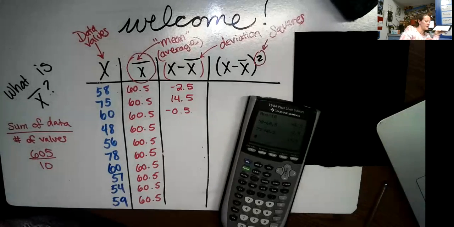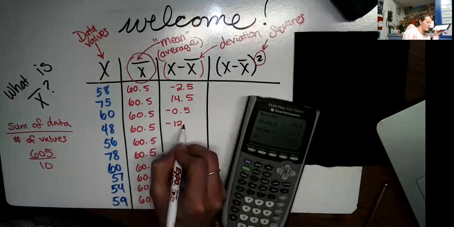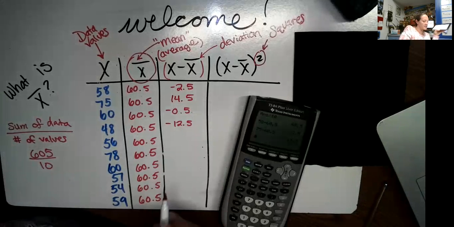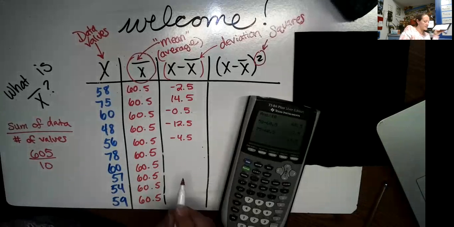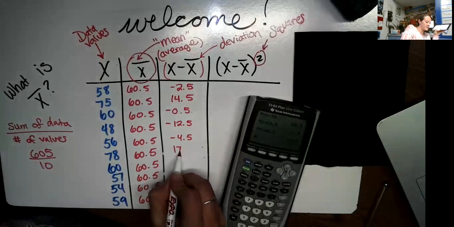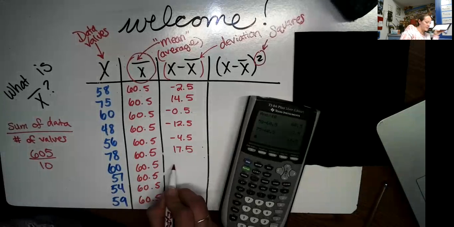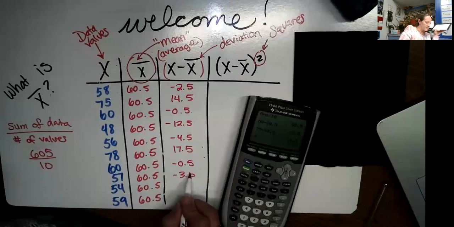That's 0.5, but a negative. 48 minus 60.5 is going to end up being negative 12.5. 56 minus 60.5 is negative 4.5. 78 minus 60.5 is going to be 17.5. Another negative 0.5. Then a negative 3.5, a negative 6.5, and then a negative 1.5.